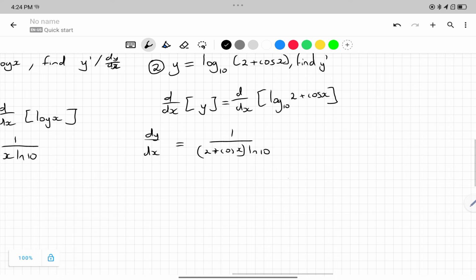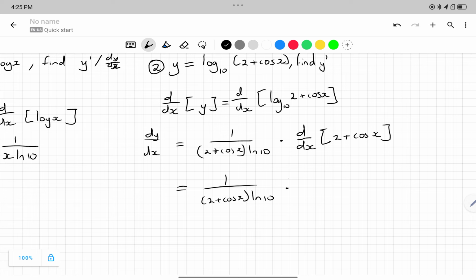So now we need to find the derivative, touching the outside of the inside function, which is what? 2 plus cos x. That gives 1 over 2 plus cos x, then ln 10, times this one. The derivative of 2 with respect to x is 0, and the derivative of cos with respect to x is negative sine x.